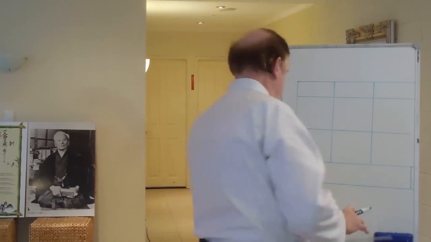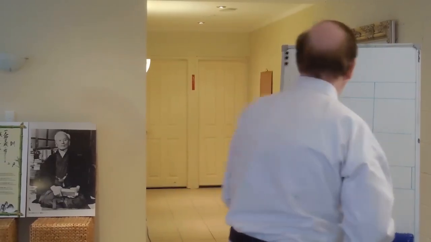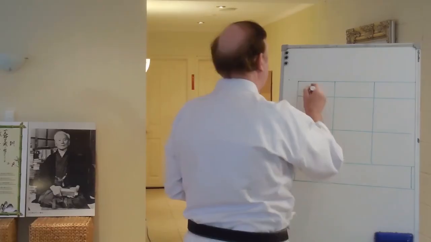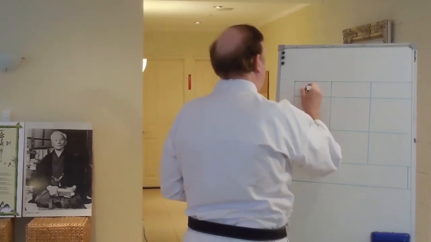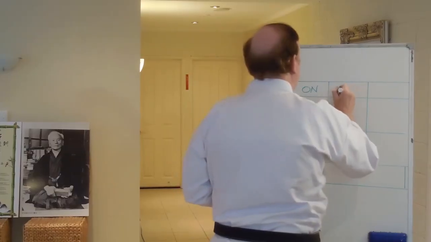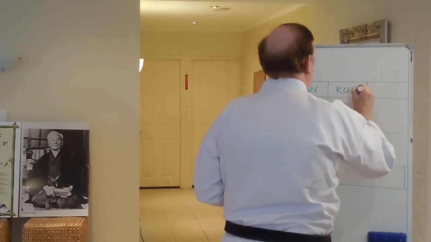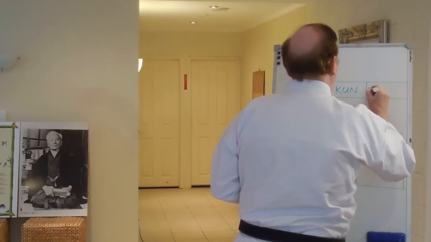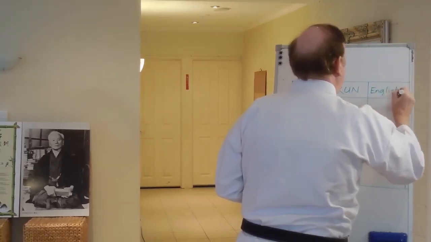Okay, now what we've got here, the way I'm doing this is I'm going to put the on reading here, Chinese meaning, the kun reading, which will be the Japanese, and English is here.